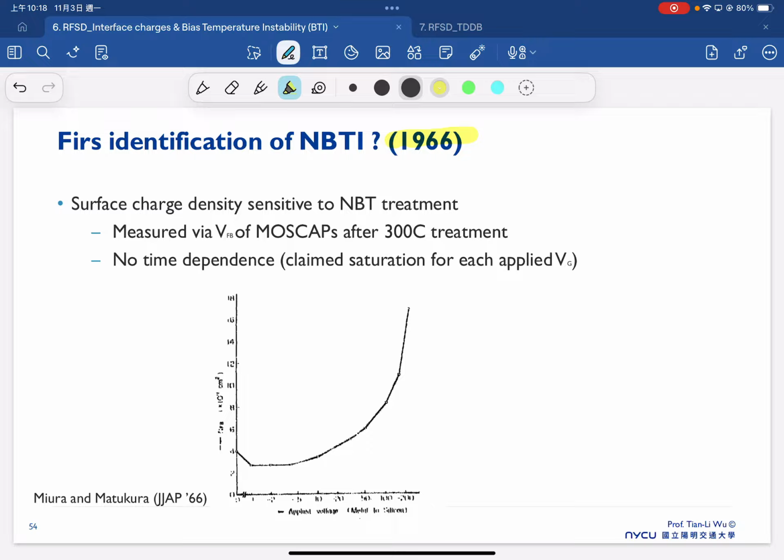So from 1966, there is already literature talking about the surface charge density, which is very sensitive to the NBT. What's NBT? That's negative bias temperature treatment. This is a measurement of the flat band voltage versus applied voltage.